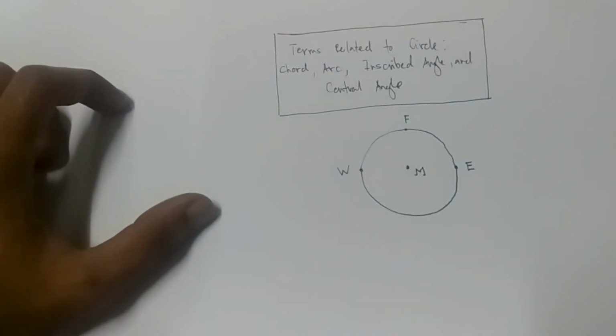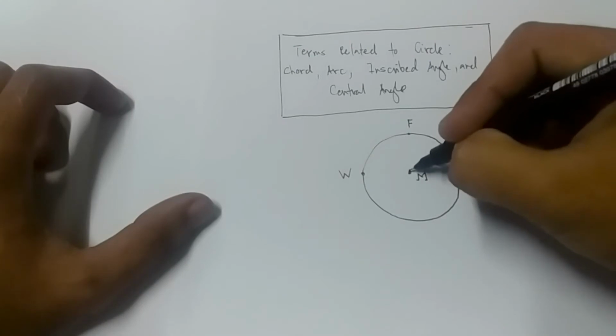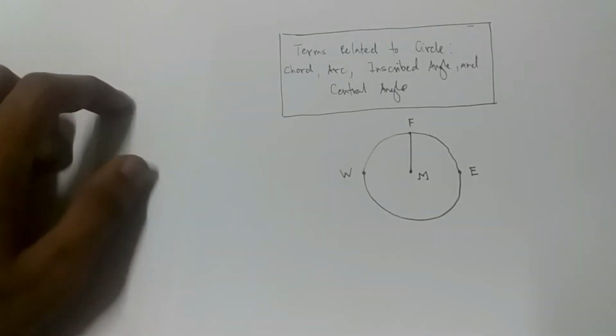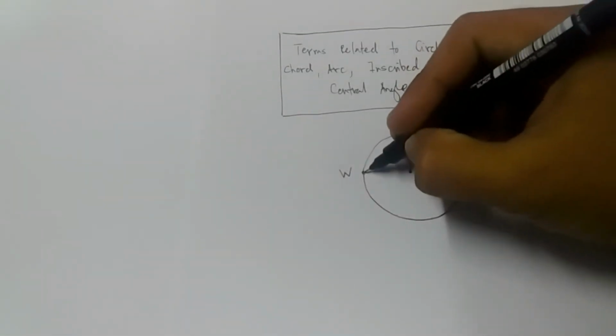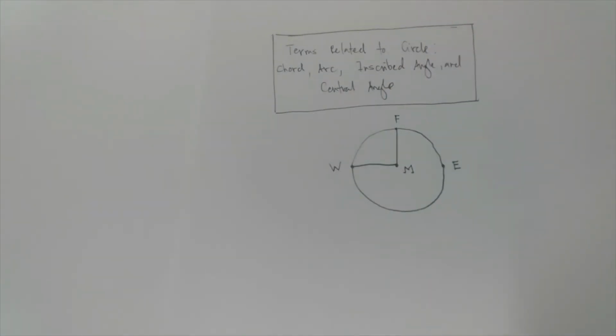When a line is drawn from you to the person in front of you, a straight line, and another line from you to the person on your left, you form a central angle. So where is the central angle?